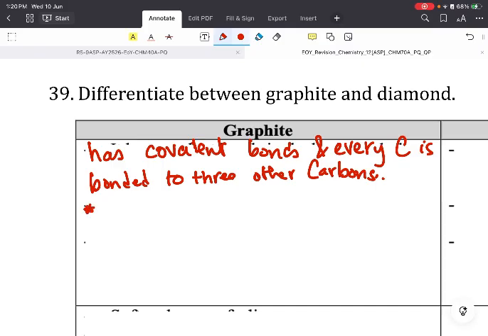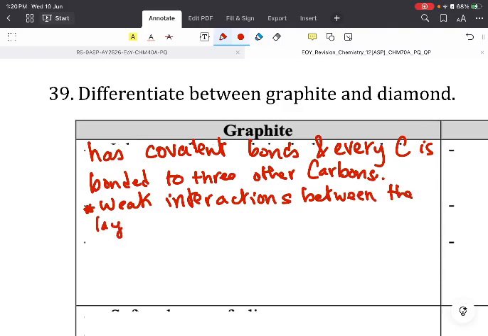The bonds are not so strong, so there are weak interactions. It forms layers. There are weak interactions between the layers of carbon, and this makes it a good lubricant.